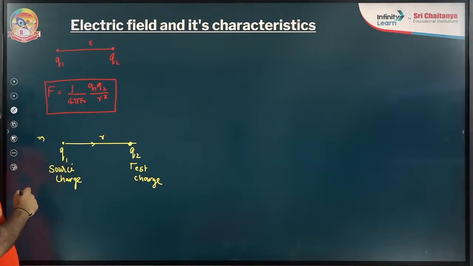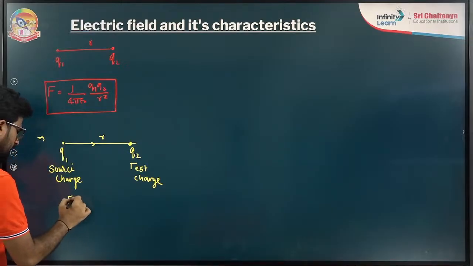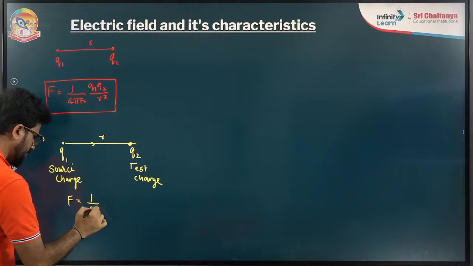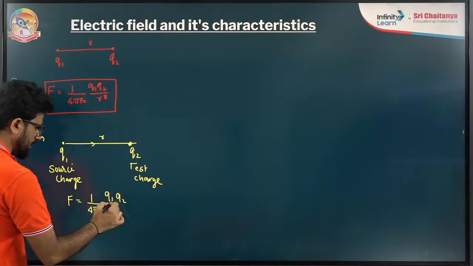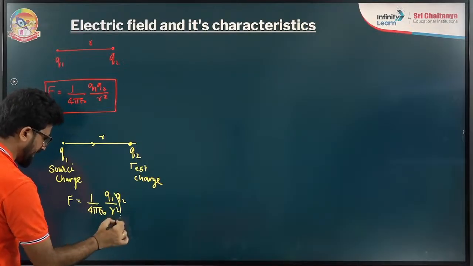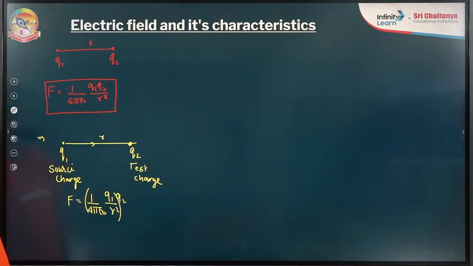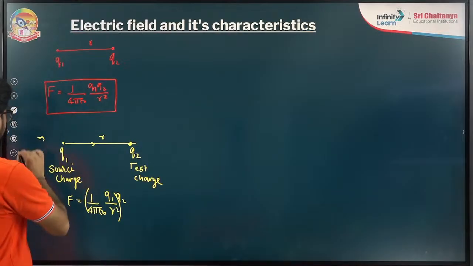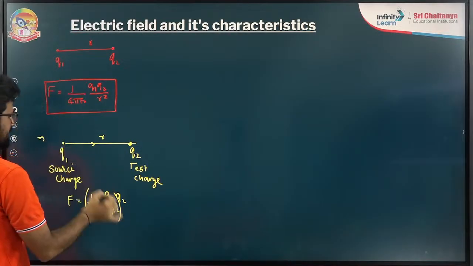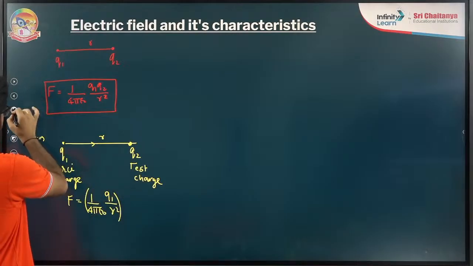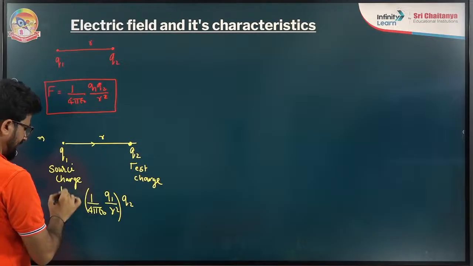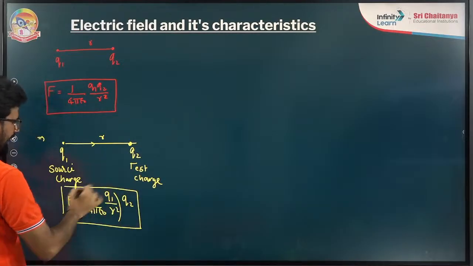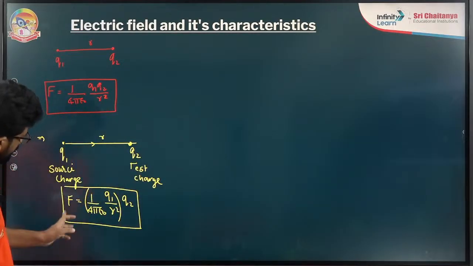Very simply, the force is equal to 1 by 4 pi epsilon naught Q1 Q2 by R square. You will ask, sir, why are you putting the bracket here? This is the force acting on Q2 due to Q1.